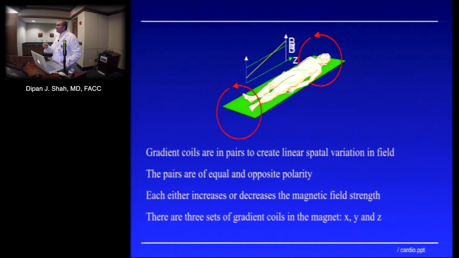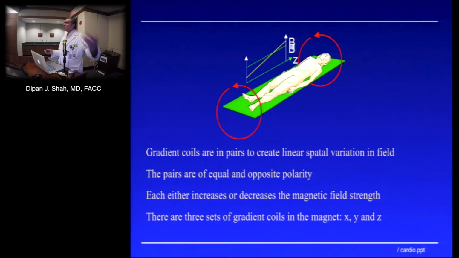Now the scanner can determine, based on the location that I want to image, the magnetization. If the magnetization here at the knees is 1.5 Tesla, and it's a little bit higher up here, then it can calculate that at the heart maybe the magnetization is 1.501 Tesla, and therefore, instead of spinning at 64 megahertz, the protons at the level of the heart will be spinning at 64.01 megahertz.